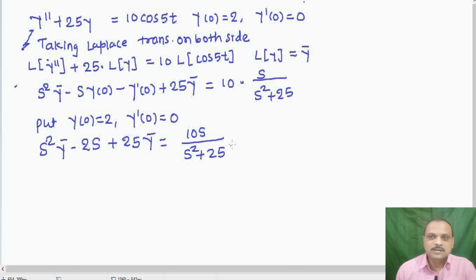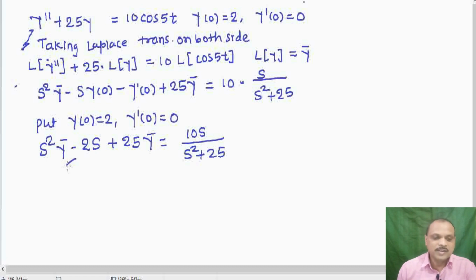This is a simple case. Now you can see that we have y bar in two terms, so we take y bar common on the left side and transfer the 2s term to the right side.